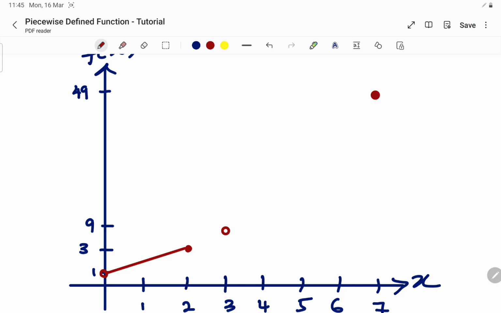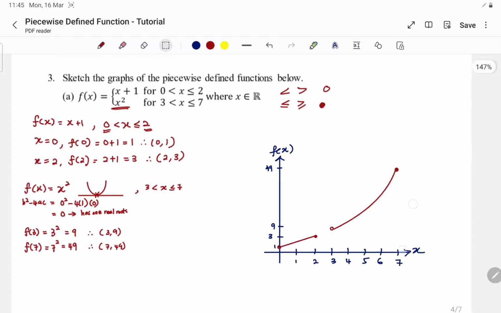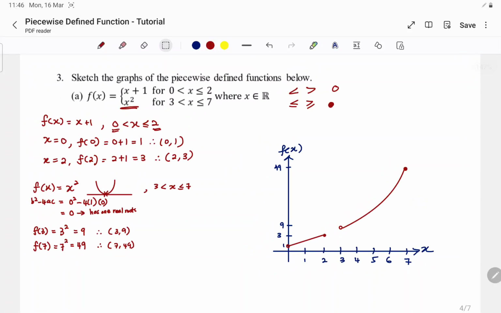And then the shape here will look like this. Oh sorry, around like this, because it's quadratic. You're done. So this is your answer for question 3.